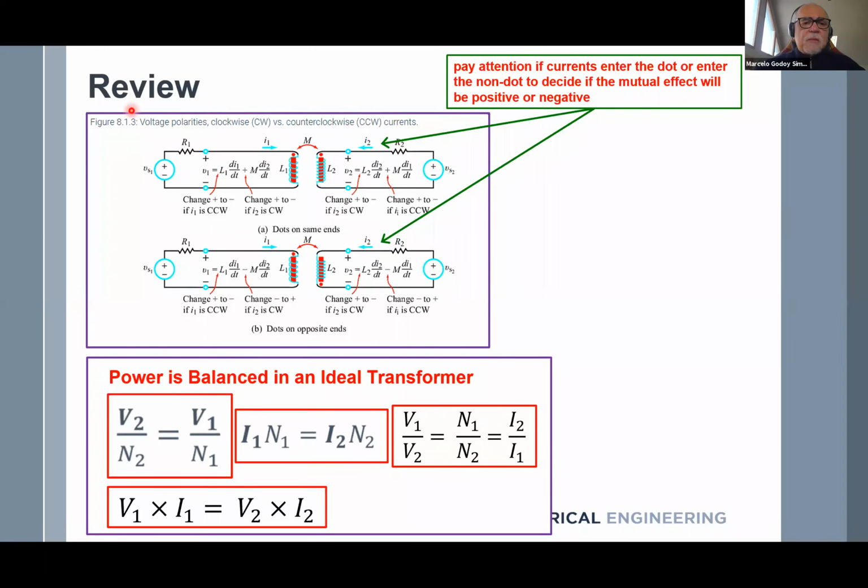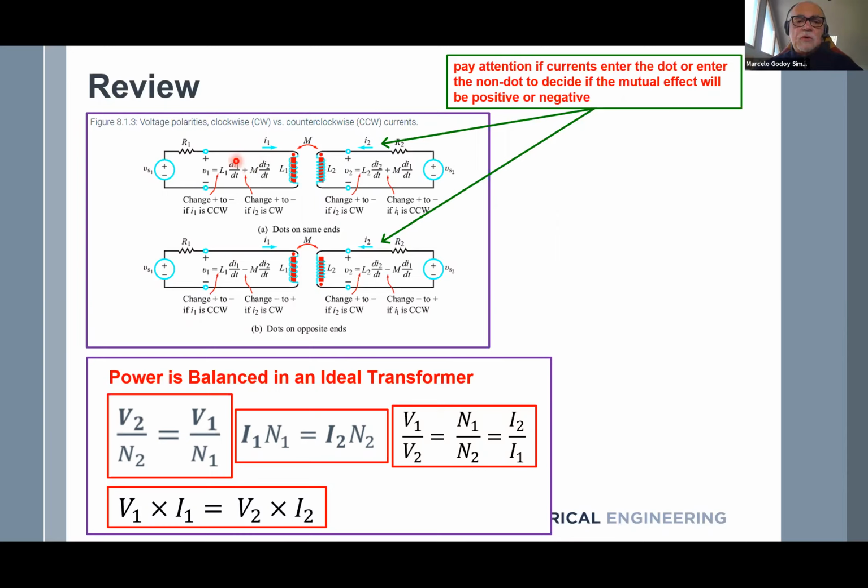So the top box shows that I have a winding with self-inductance L1, and another winding with self-inductance L2. There is a mutual inductance. So what's a mutual inductance? Current that circulates on this loop will induce a voltage on the other side, and the reverse is the same. Current circulating on this loop will induce a voltage on the other side.